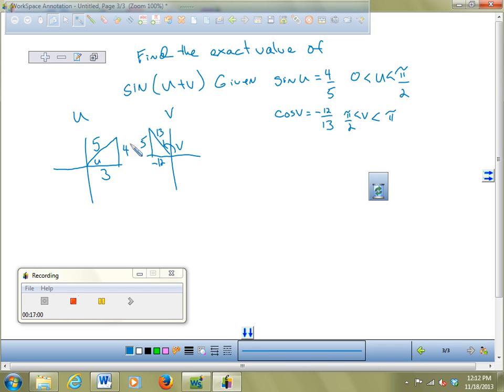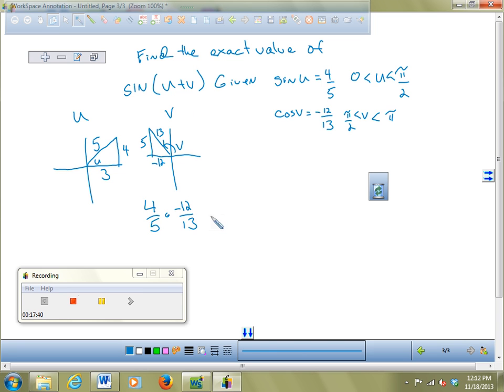So you have numbers that come out nice and neat like this, and then you just plug into the formula sine of u plus v. So I'm going to use sine of u, which is 4 over 5, cosine of v, which is negative 12 over 13.